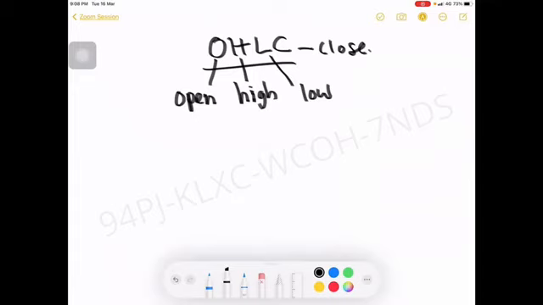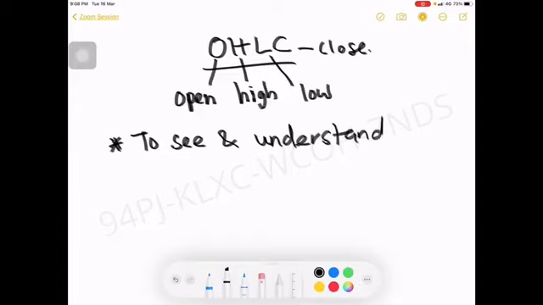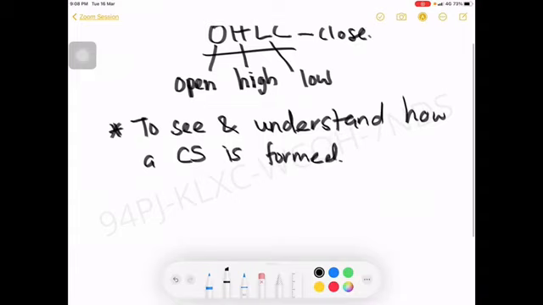So what is OHLC? OHLC is what we use to see and understand how a candlestick is formed. Okay, there are only two rules for OHLC.